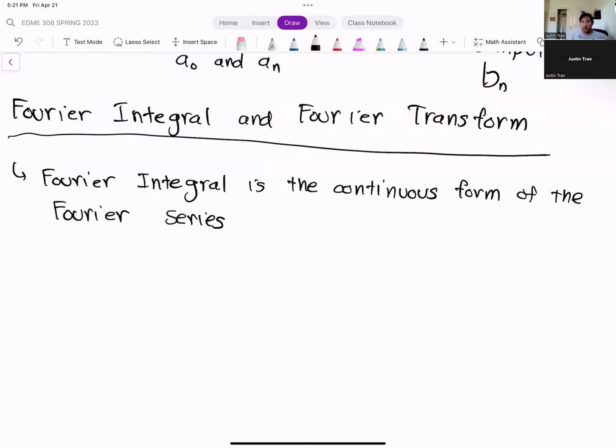Because remember, in the Fourier series we have an infinite summation, but because our summation has an integer value n, we basically only hit discrete values of frequency along the series.